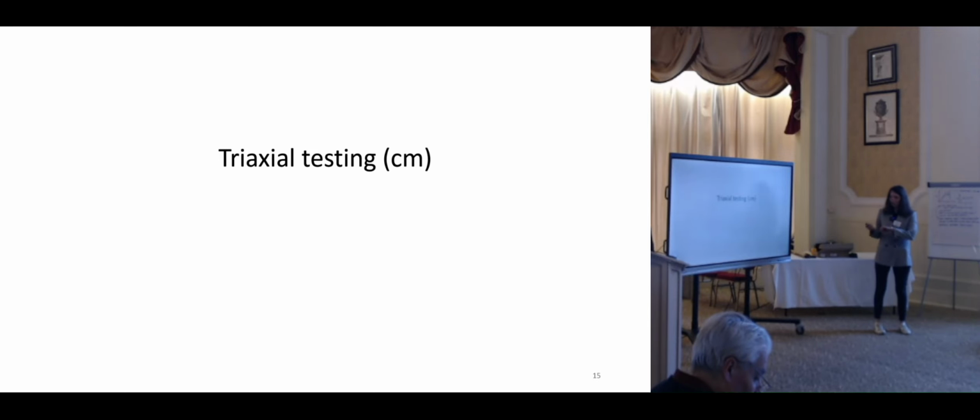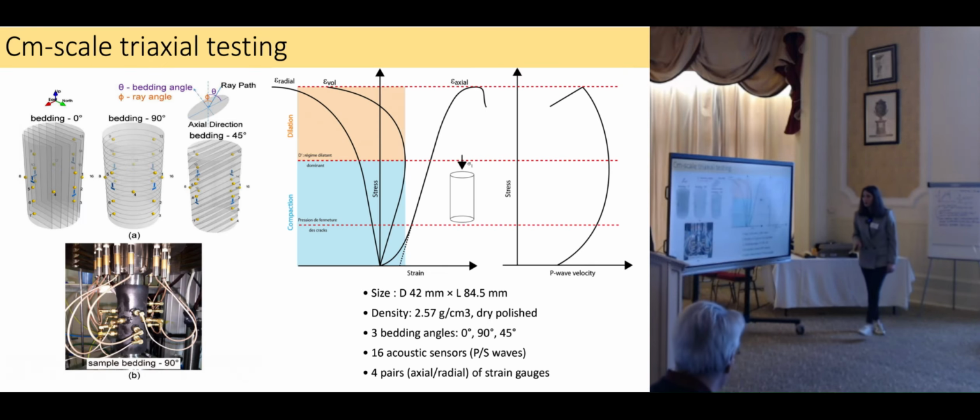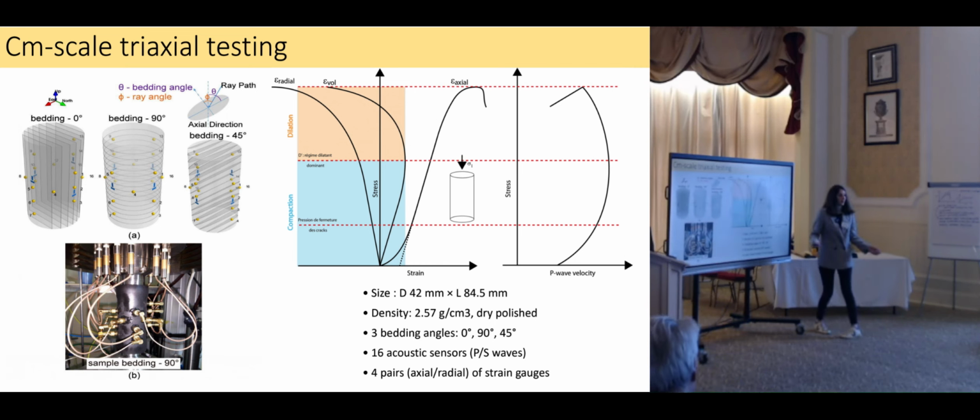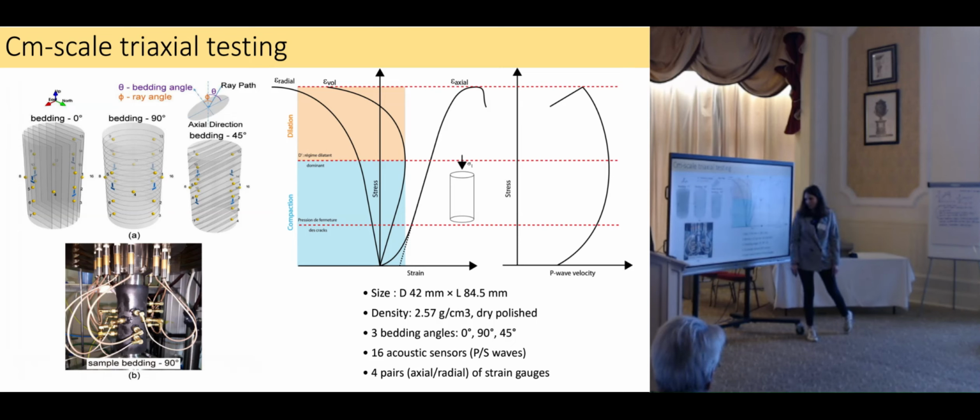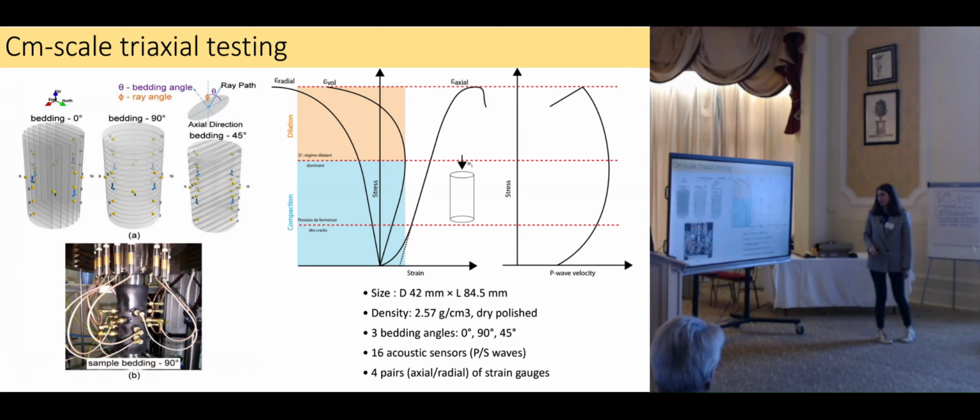Then I will try to go quickly onto actual testing. So this is something that has been done for quite a long time. Manuel started to show the setup. This is a slightly different setup here. So you put a sample in a jacket, and then you can put all of the sensors that you have space to put around it, acoustic sensors, strain gauges, and so on.